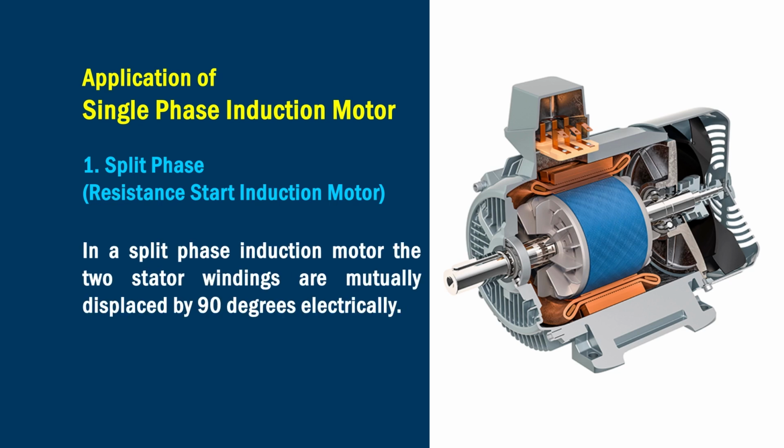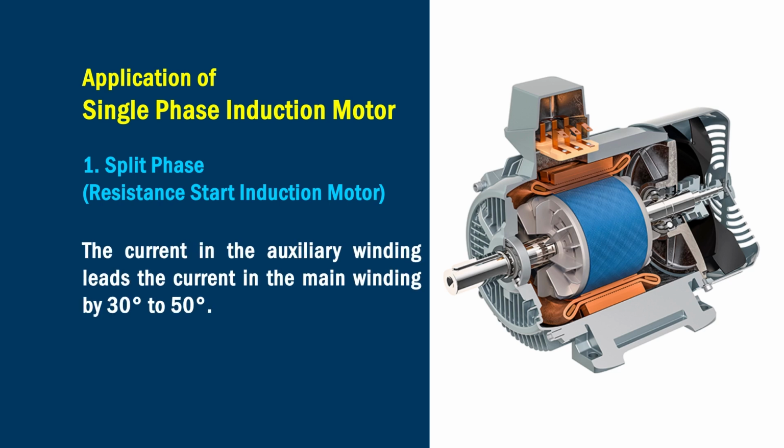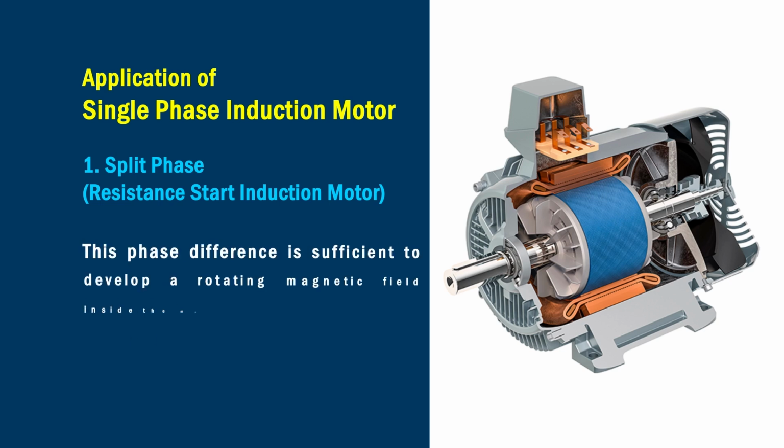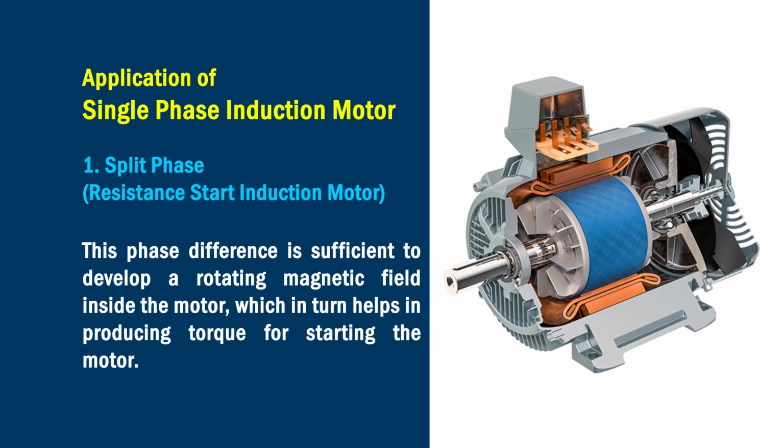In a split phase induction motor, the two stator windings are mutually displaced by 90 degrees electrically. The current in the auxiliary winding leads the current in the main winding by 30 to 50 degrees. So this phase difference is sufficient to develop a rotating magnetic field inside the motor, which in turn helps in producing torque for starting the motor.